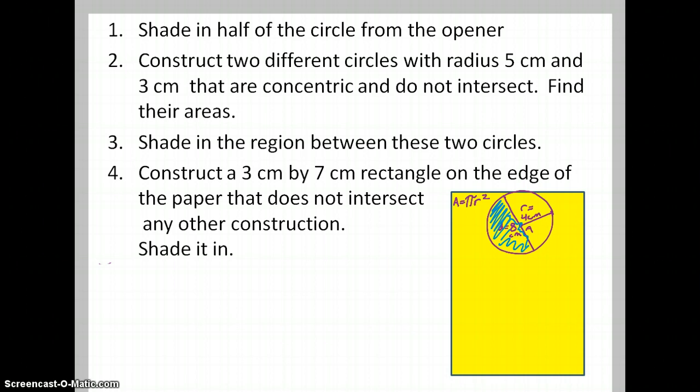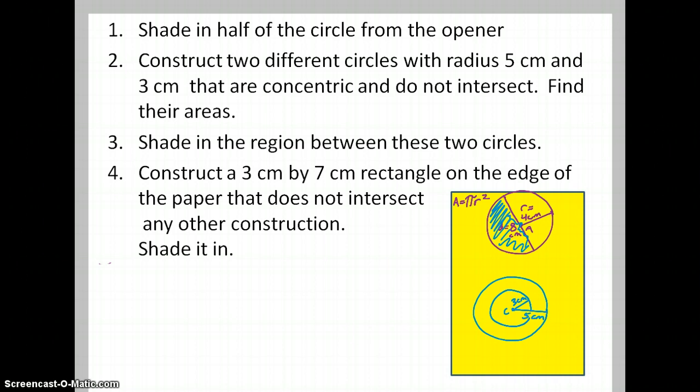Okay, so we go down here in the middle of the page, and we make a radius of 3 centimeters and also one of 5 centimeters, and they should have the same point. We can name it anything. How about C? And so we make these 2 circles. There's the smaller circle and the larger circle.